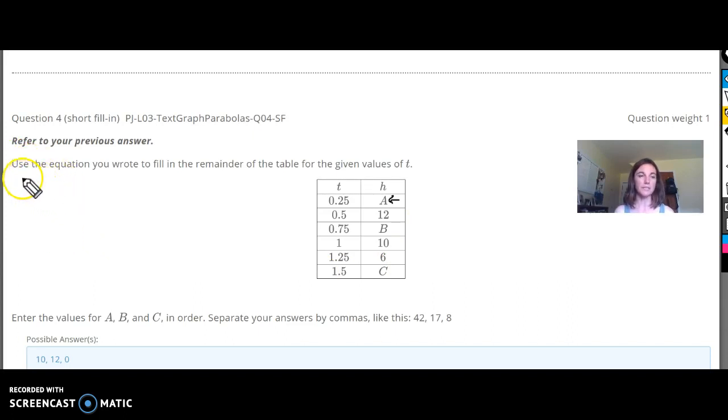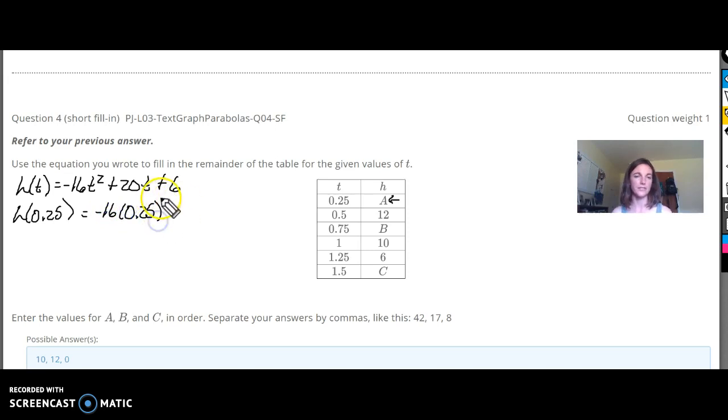So to get those, I'm going to use that h of t that I just wrote out, but let's do it again. H of t equals negative 16 t squared plus 20 t plus 6. So now I'm going to write h at 0.25 equals negative 16 times 0.25 squared plus 20 times 0.25 plus 6.